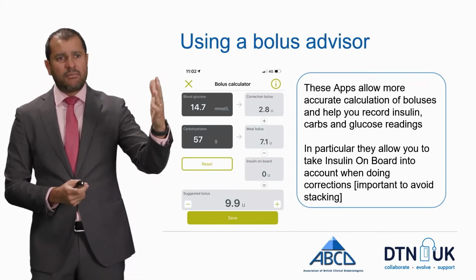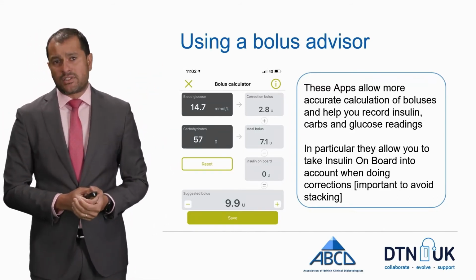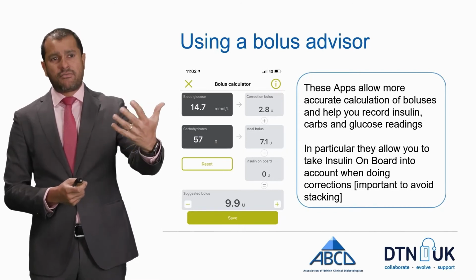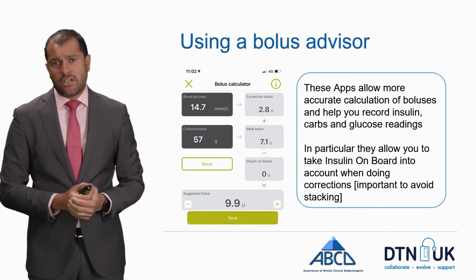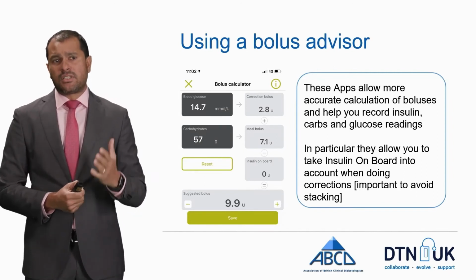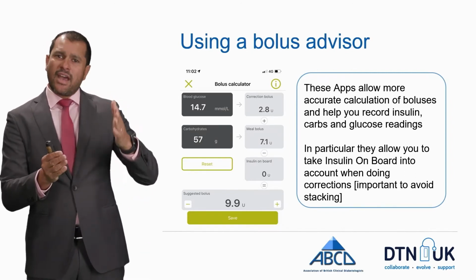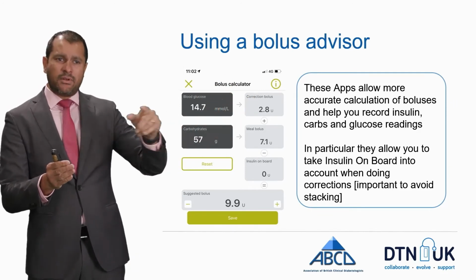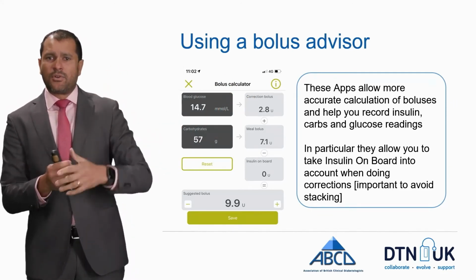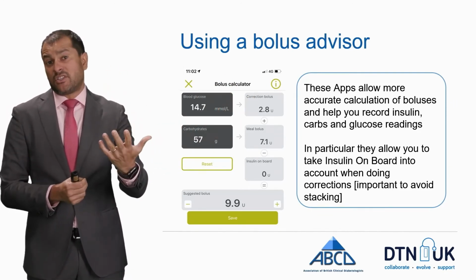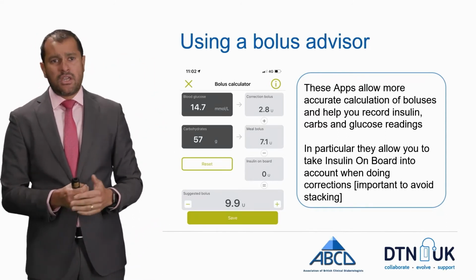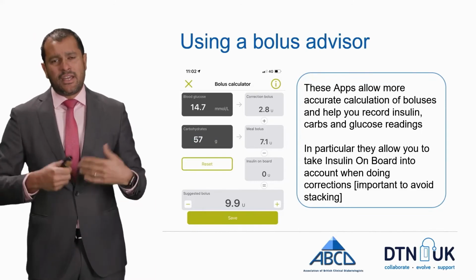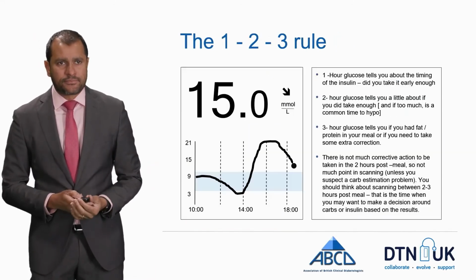You can see here the example is blood glucose is 14.7, so the correction dose for that individual was 2.8. They're having 56 grams of carbohydrate, so their meal bolus is 7.1. If you've had some insulin on board, as in the previous example, then you'd show something in that insulin on board category. And if there's a unit of insulin on board, then the suggested bolus would not be 9.9, it would reduce to 8.8, and that helps you avoid stacking.